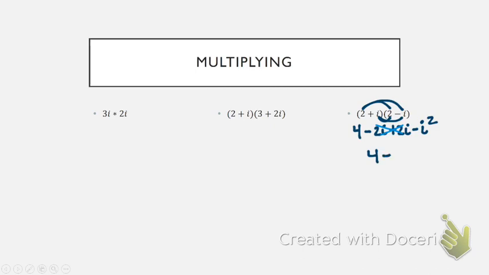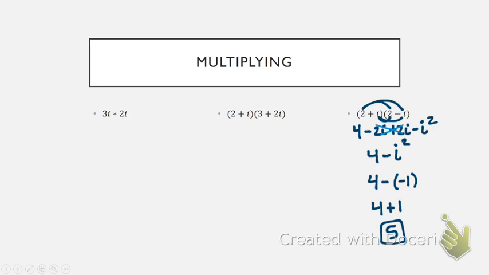So I'm just left with 4 minus i squared. I know i squared is really just negative 1, which means this is 4 plus 1, because negative negative is a plus. So my answer to 2 plus i times 2 minus i is actually just the number 5.